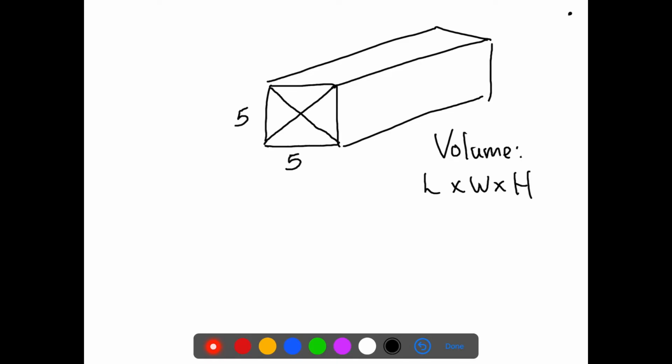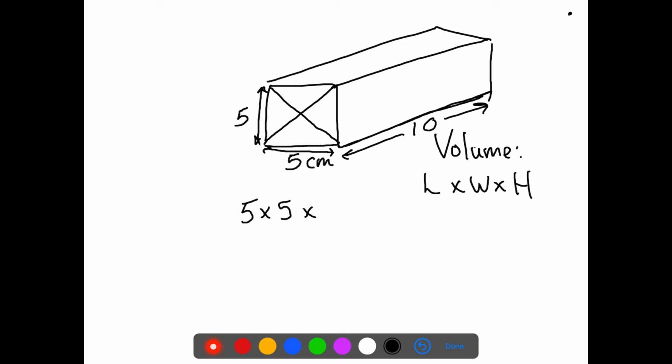Okay, so let's say that's 5, and that's 5, and that's 10. Okay, that's 10 centimetres, 5 centimetres along there, and 5 centimetres down there. So the first thing I would do is 5 times 5. Okay, so length and width.